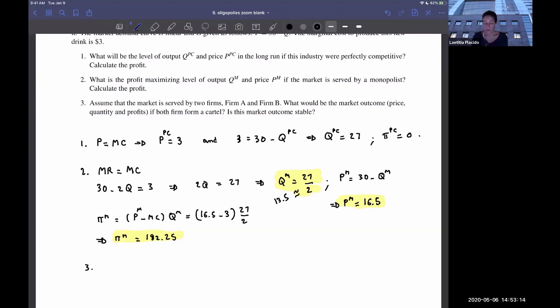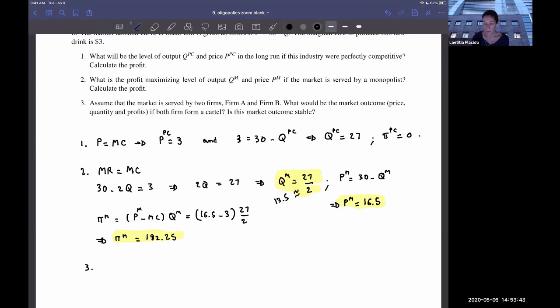Okay, so in this question, we are going to assume that firm A and firm B are going to talk to each other, and they're going to try to coordinate to increase their profits. Okay, so now you have 2 firms on the market. What is the market situation in which you get the highest possible profit? Well, that's the monopolist situation, okay?